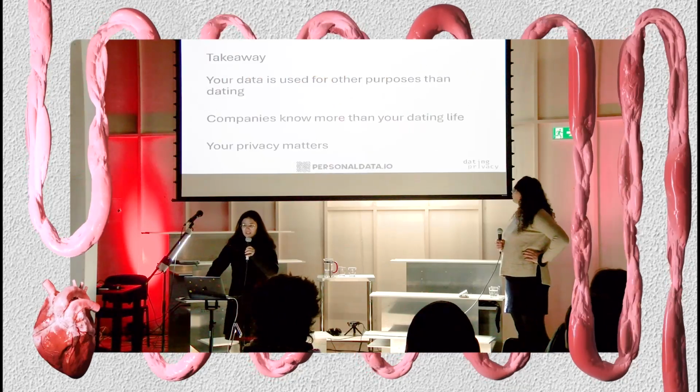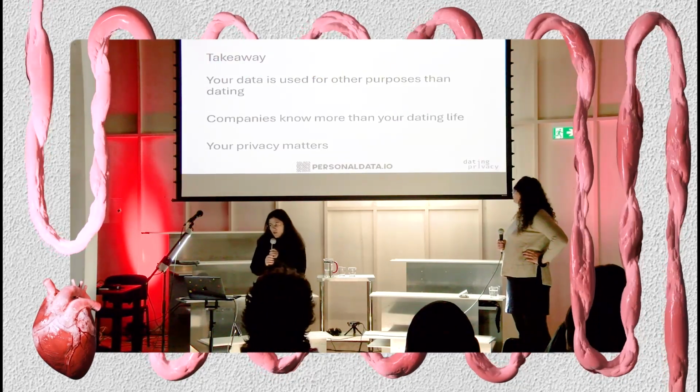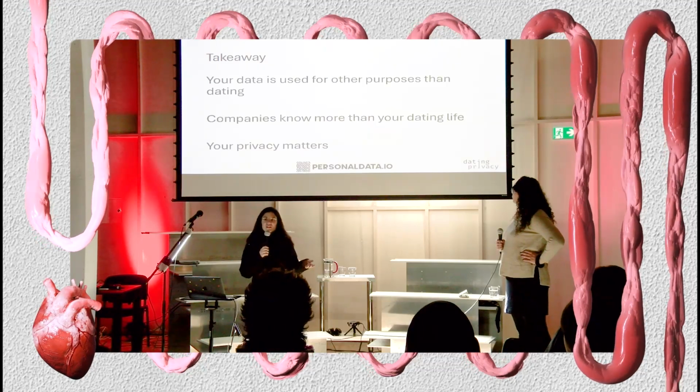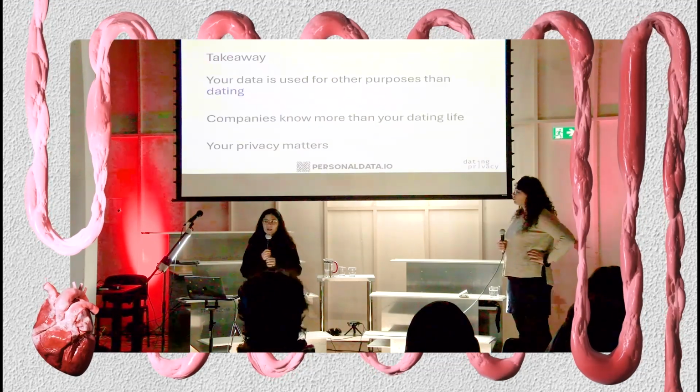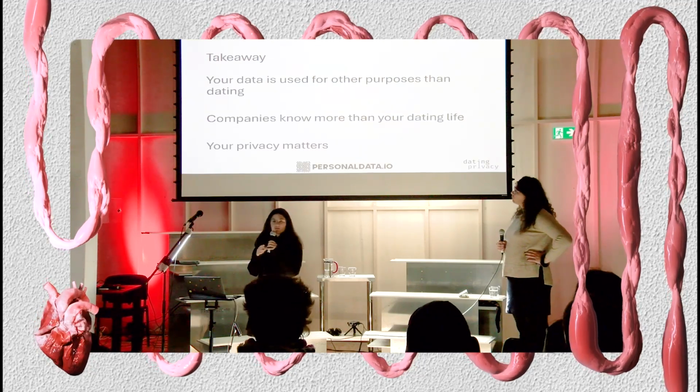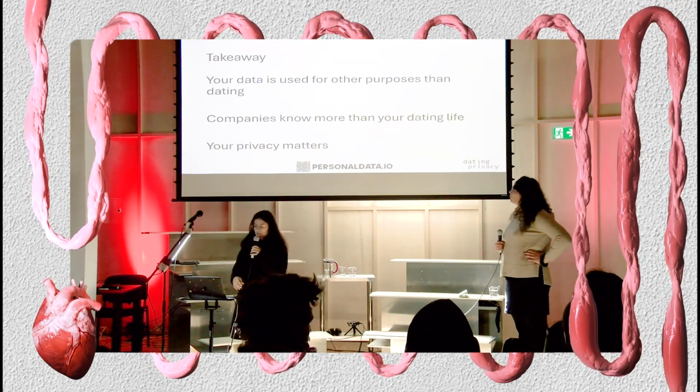So it means that your data is used for other purposes than dating, that companies know more than your dating life, and your privacy matters if you don't want to take all these risks that I have mentioned.